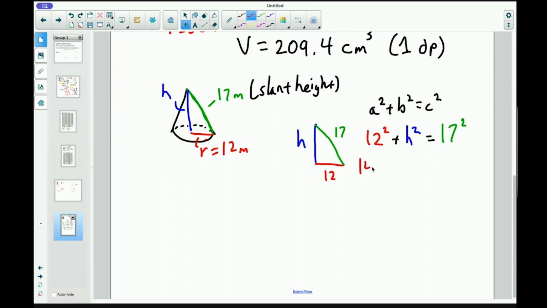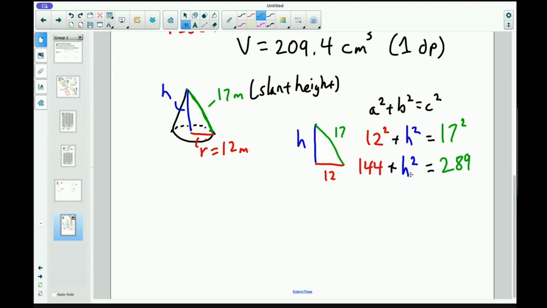Okay. So let's go ahead and put this in. We have 144 plus h squared, and that will equal 289. Okay.